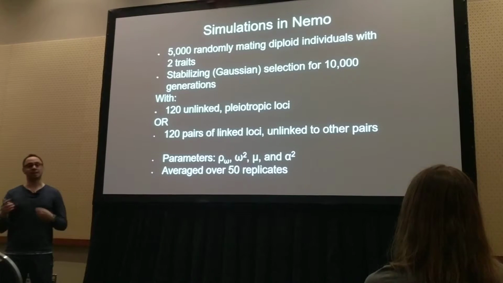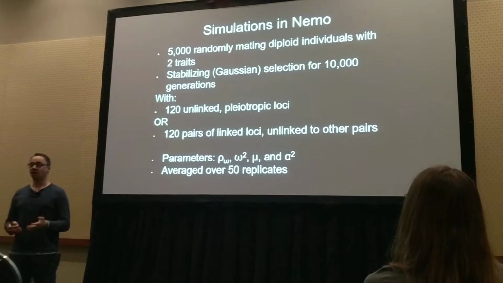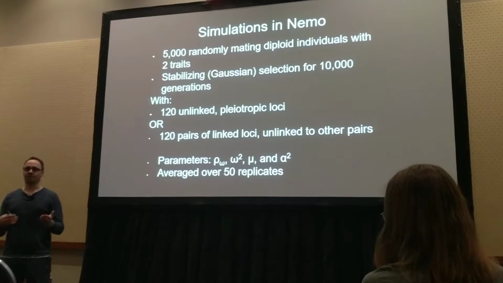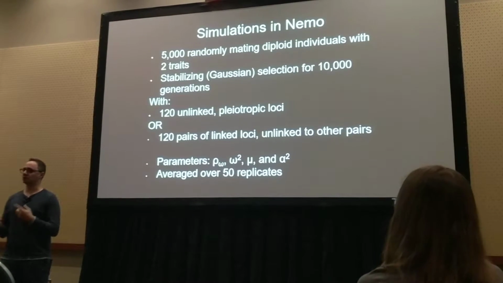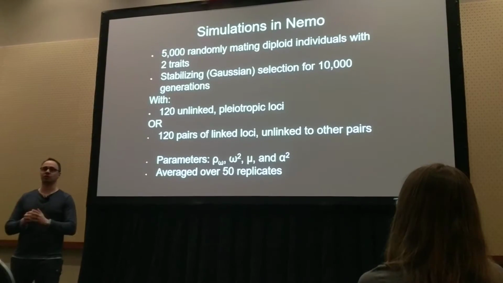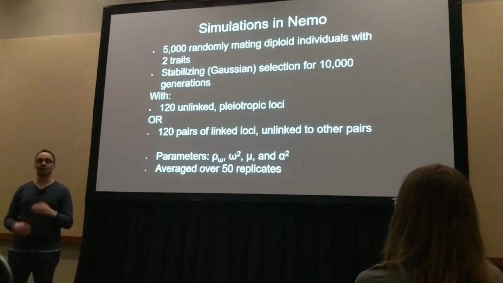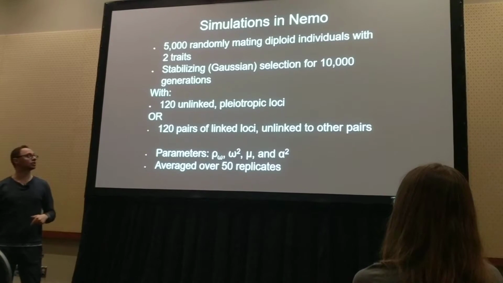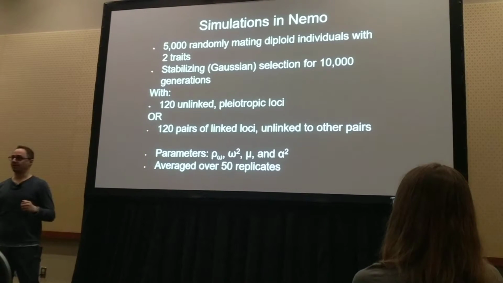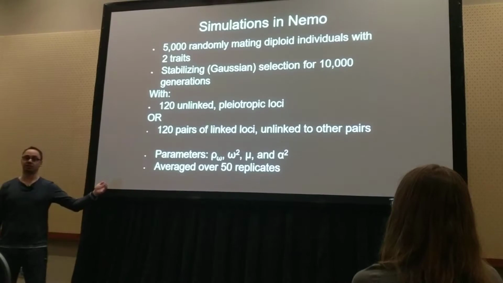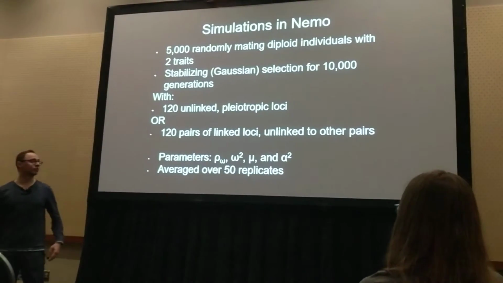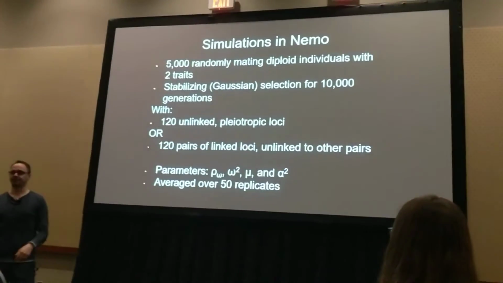I had stabilizing, or Gaussian, selection on these individuals, so each individual's fitness was determined by how different its trait values were from the optimum. And of course I used the genetic architectures that I mentioned, with parameters that come from Landé's expectations, which I expect will somehow affect the genetic covariation between traits.